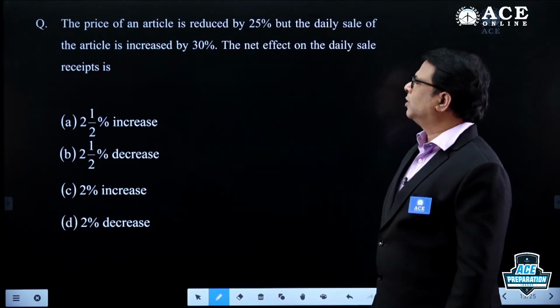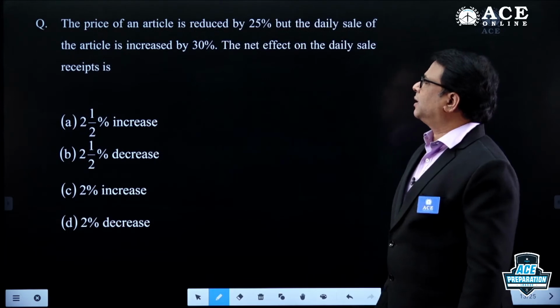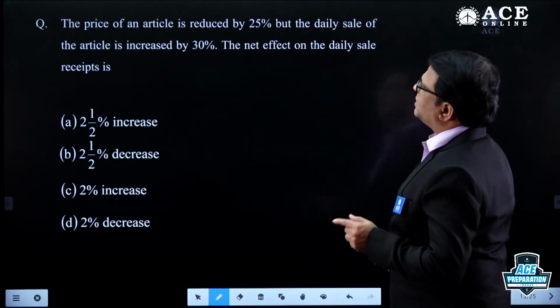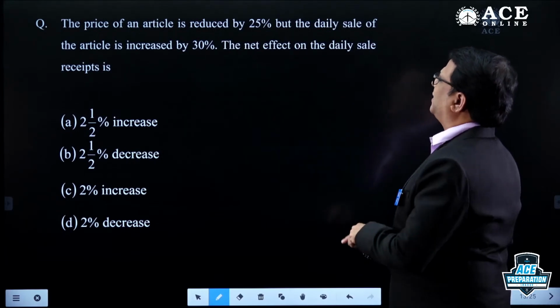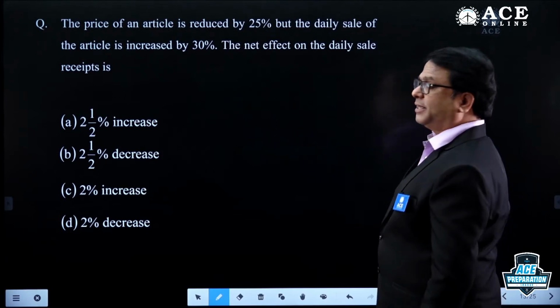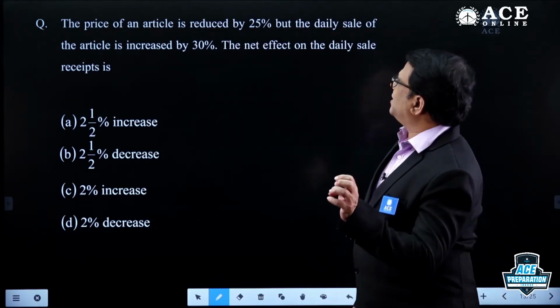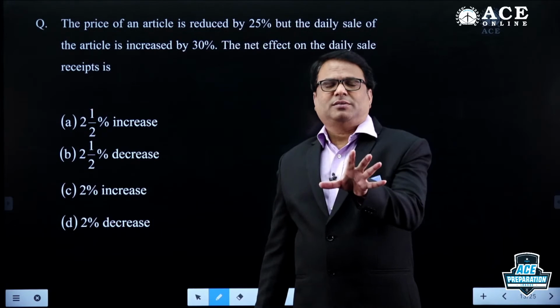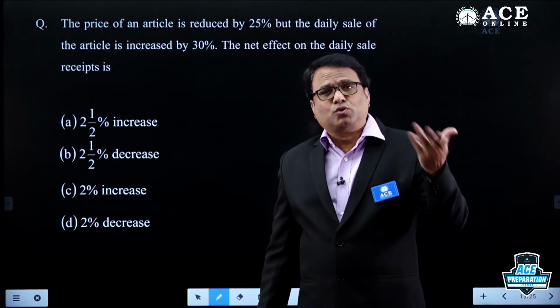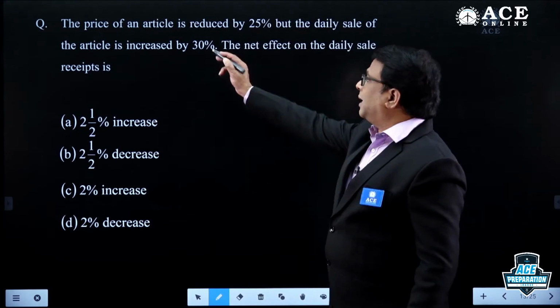Next question. The price of an article is reduced by 25%, but the daily sale of the article is increased by 30%. The net effect on the daily sale receipts is? So price is reduced by 25%, but sales, in terms of number of articles sold, increase by 30%.